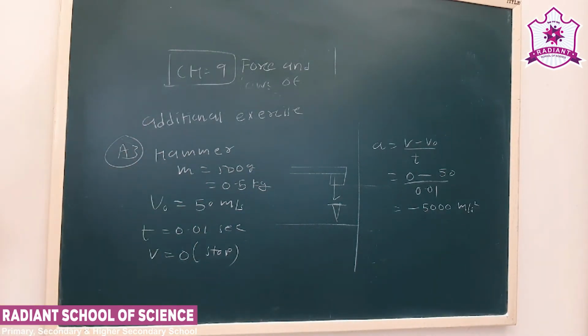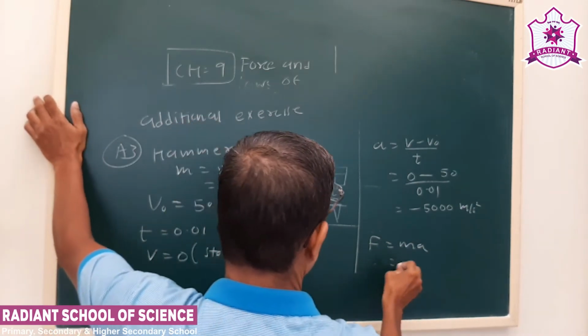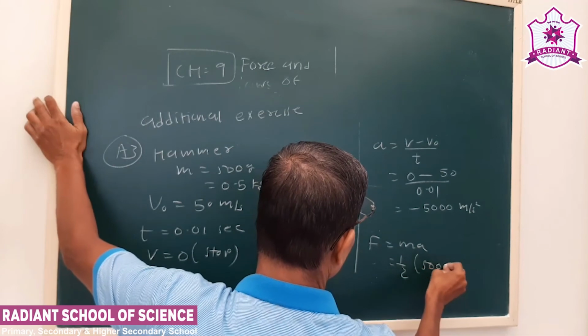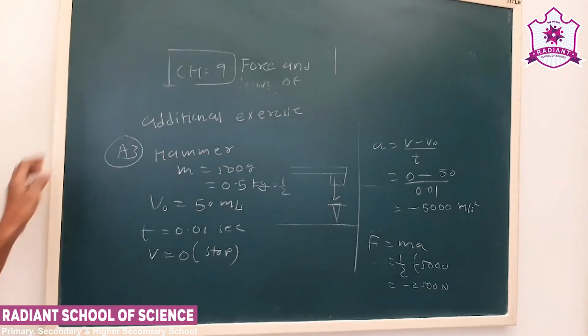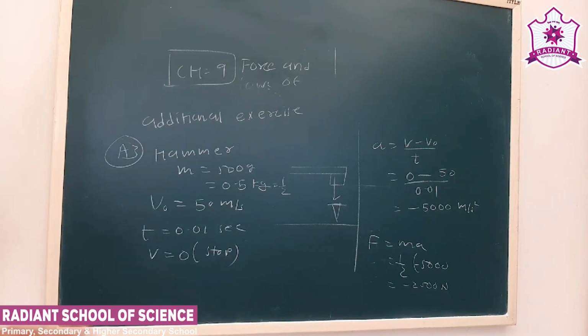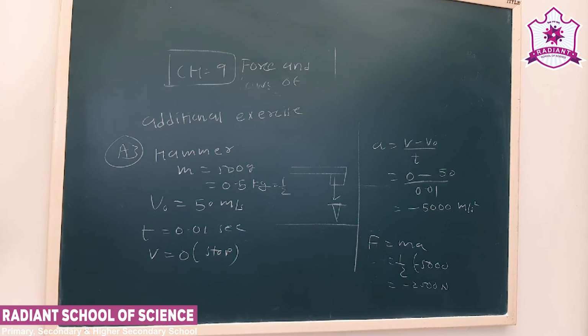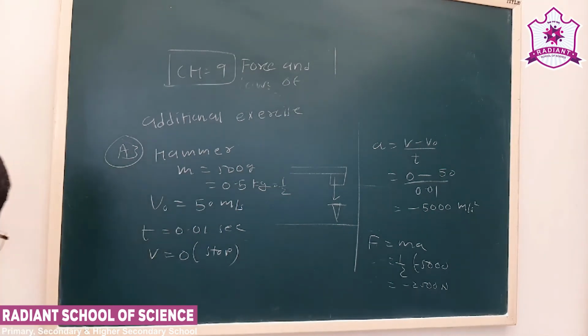What is the force? F is equal to ma. Mass is 1/2, times 5000. See here it is a retarding force. Why? Because finally the hammer stops. So that's why the force is a retarding force. So this is about additional exercise sum number A3.